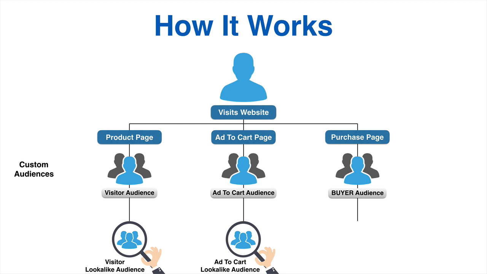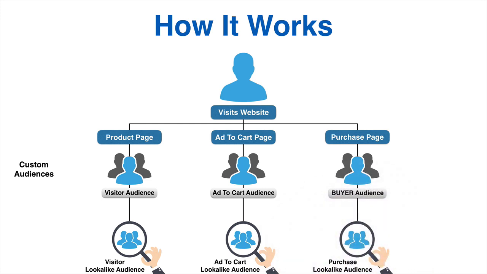So Facebook will take a look at all of the people that have added products to your cart, and they will create what's called a lookalike audience from your add to carts. These are going to be higher quality targeted audiences because they're based off of that add to cart data, which is more valuable. And then last but not least, you're going to have a purchase lookalike audience.